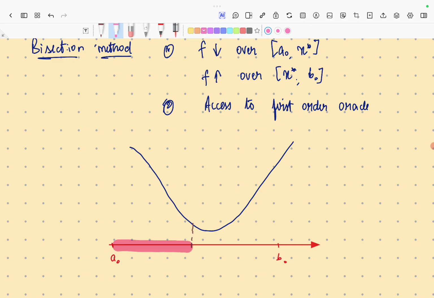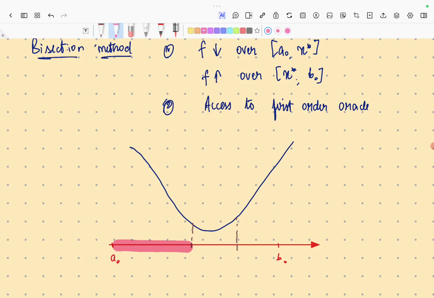So now, in this case, this region is eliminated because the derivative is negative. So you know that the minimum has to lie on the right. And you keep repeating the same thing. You take another point, the midpoint of this new interval that I have, and again evaluate the derivative at this particular point. I see that the derivative is positive, so the minimum should lie to the left.